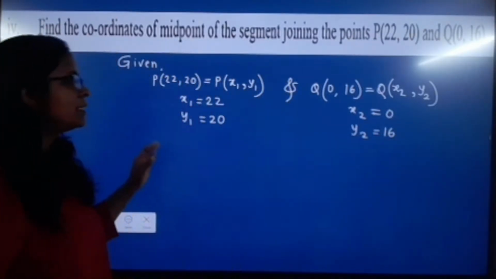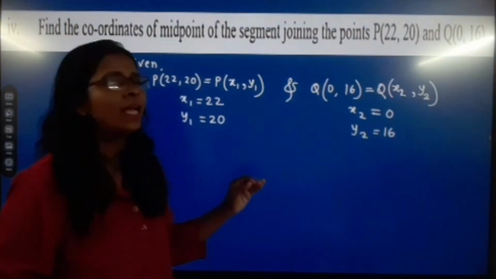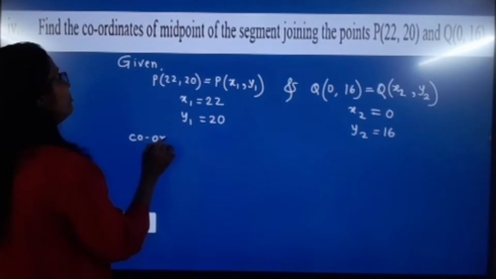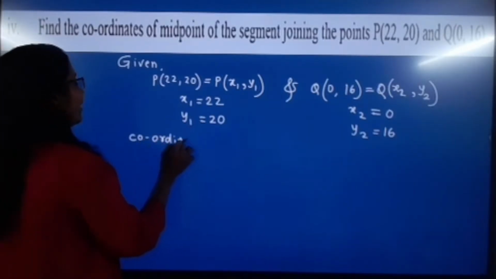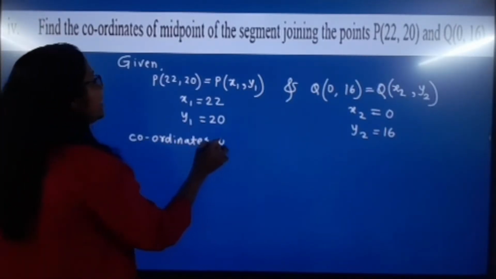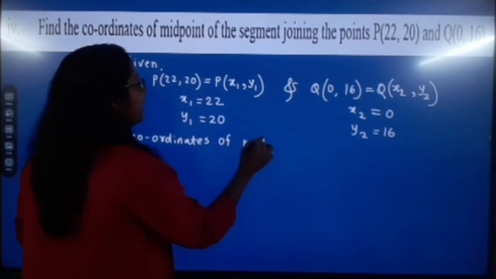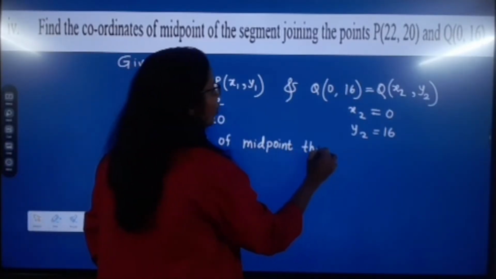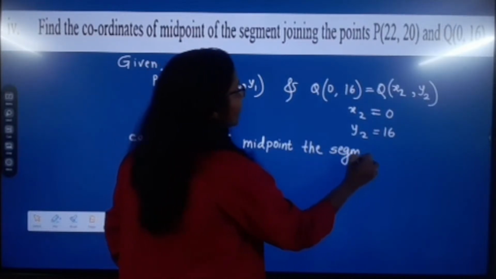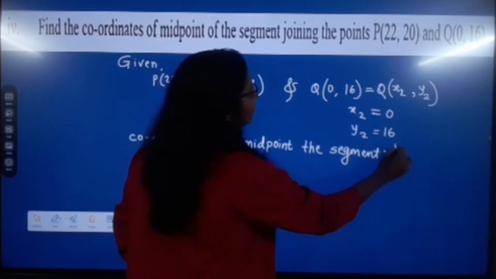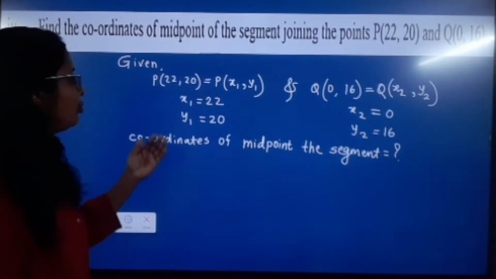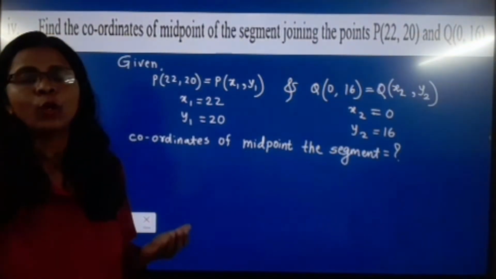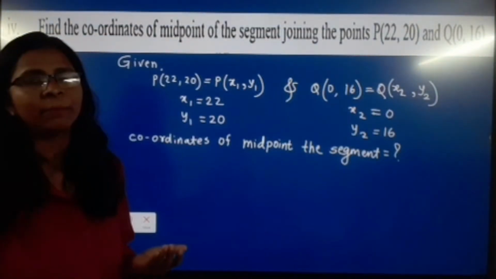Okay, students. So we have x1, y1 and x2, y2, and here we have to find out the coordinates of the midpoint of the segment. So here I write down that coordinates of midpoint of the segment is equal to question mark. Okay, students. So now here there is a formula for calculating the coordinates of the midpoint of the given segment.